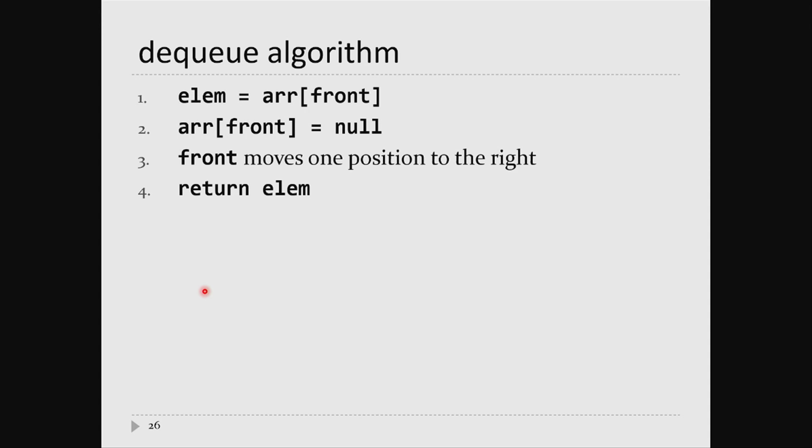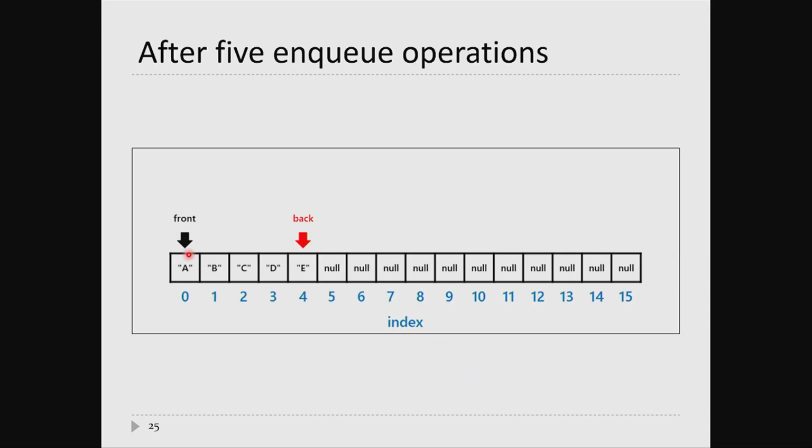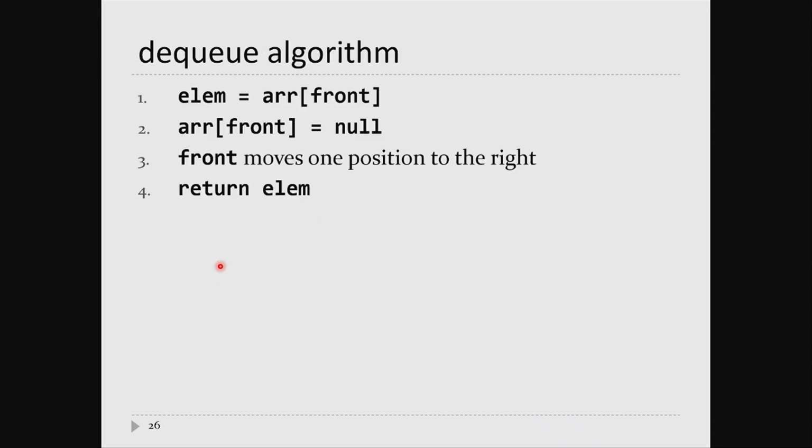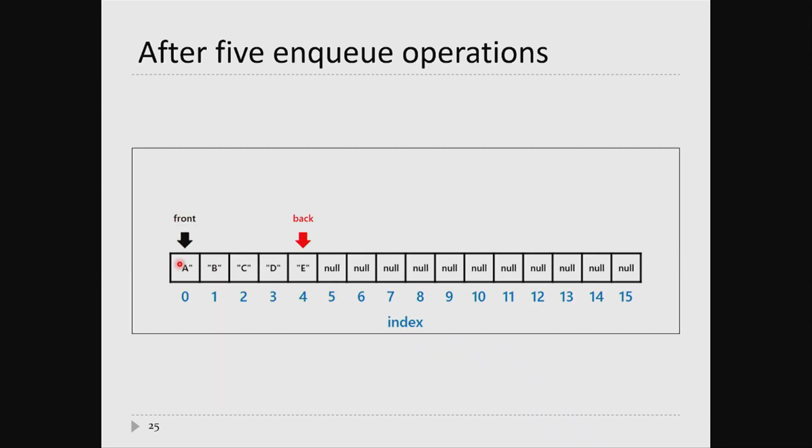All right, so how do we dequeue an element? To dequeue an element, I want to dequeue the element that's at the front of the queue. So I'm going to take that A, copy the A, or make a reference to the A, because I want to return the A back to the caller.